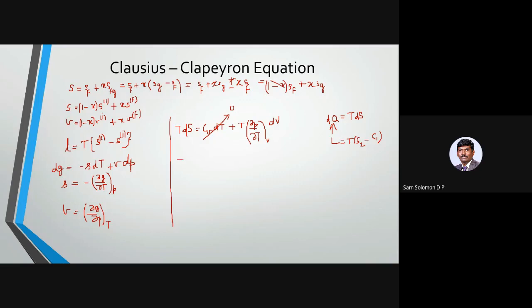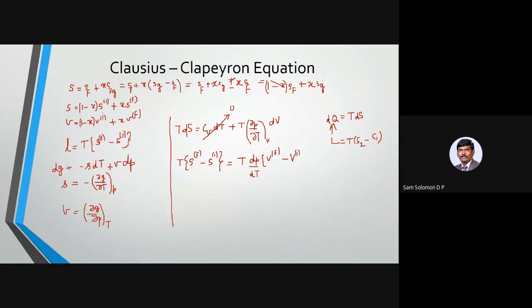And so I can write this as T times dS, which is nothing but S of the final state, small s, T into (sf minus si), equal to T times dP by dT, and this dV I can write as (vf minus vi).